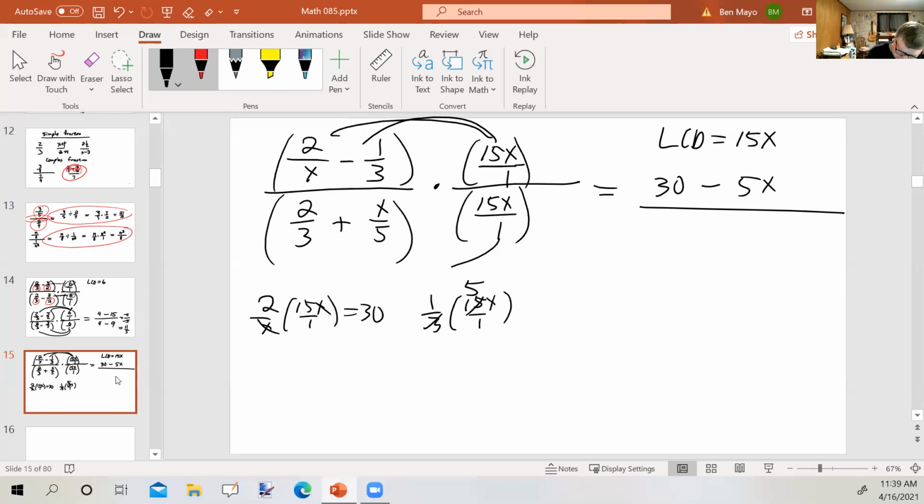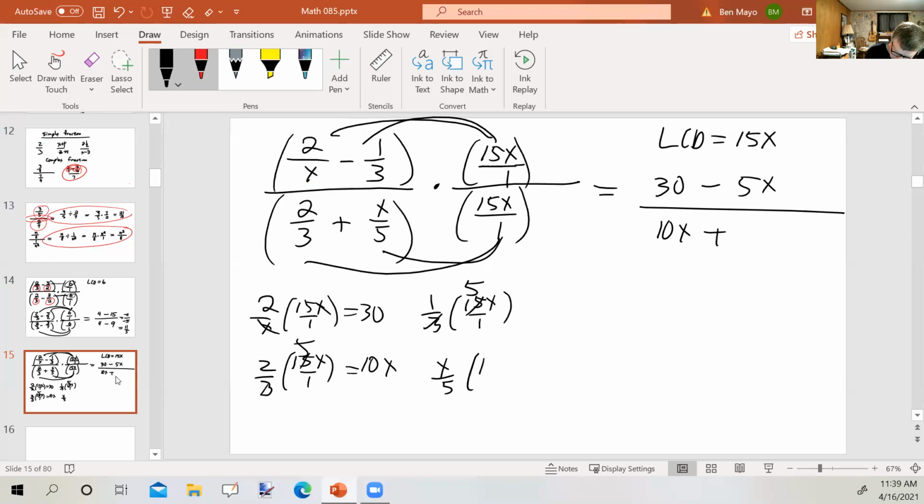In the denominator, if we take 2/3 times 15x over 1, we get 10x. Okay, let's see, 30, yep, 10x. And then if we take x over 5 times 15x over 1, we get 3x squared. Okay, so far so good.